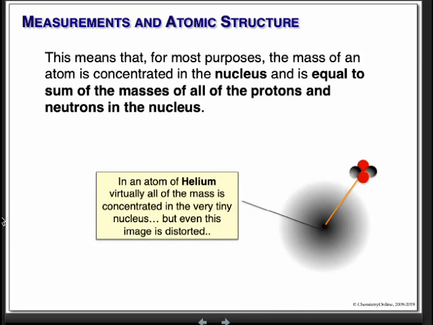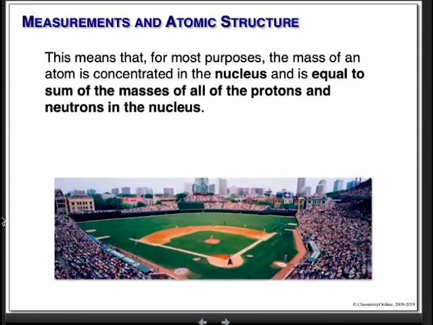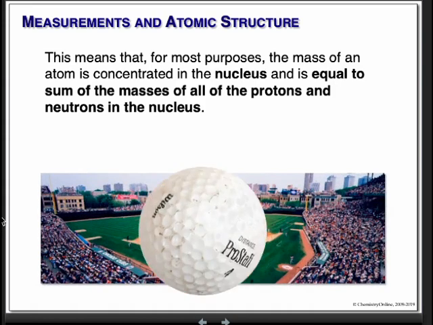The nucleus here doesn't even show on the screen because it would be less than a single pixel. But even this image that I put here is exaggerated. You may recognize this. This is Wrigley Field. And this is a golf ball.